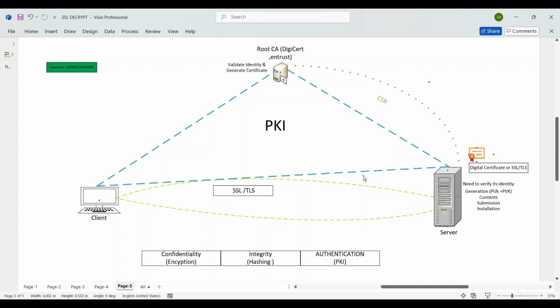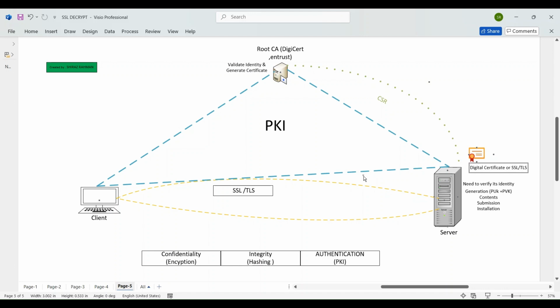In case one, if A is doing encryption, then A cannot do the decryption; B will only do the decryption and B cannot do the encryption. In case two, if A is doing the decryption, then B can only do the encryption, right? So one key, one job.